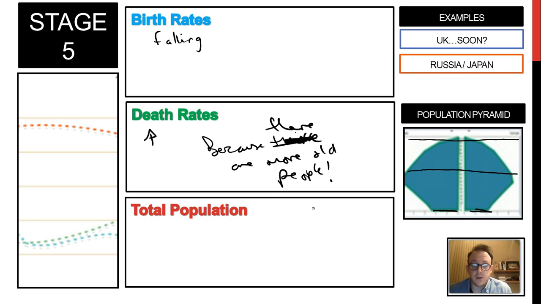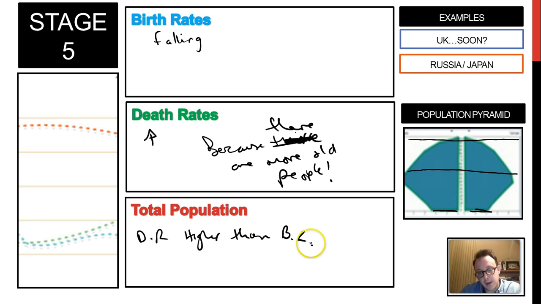It's a fact of life, unfortunately, and the more old people there are, the more of them are going to die, and that means that the death rate is going to go up. Now, because here death rate is higher than birth rate, this leads to total population starting to decline, and this gap in between here represents population decrease.